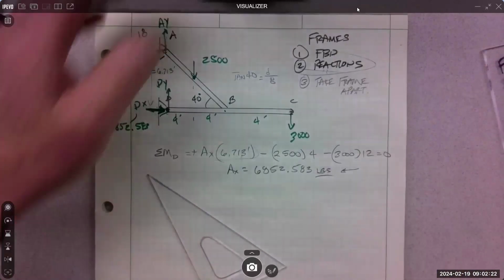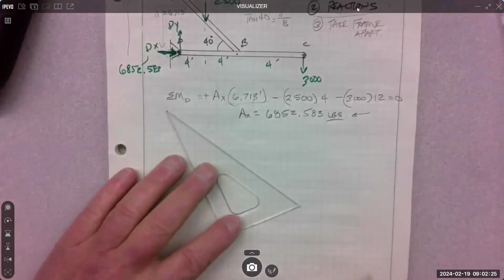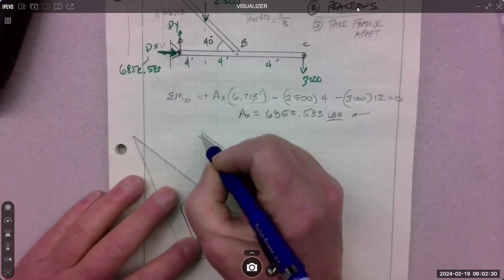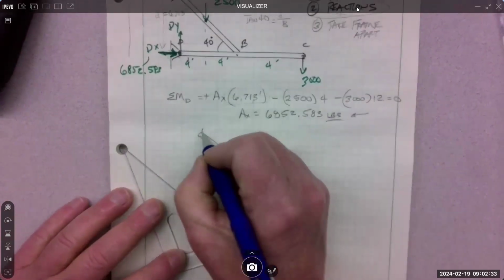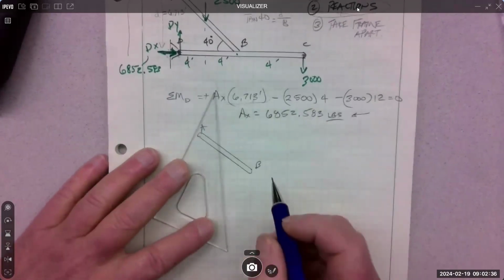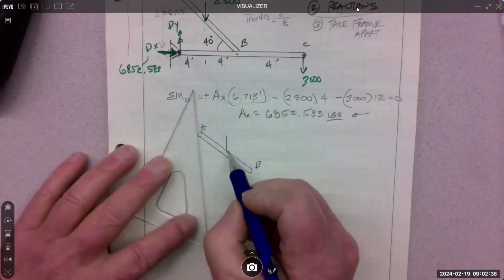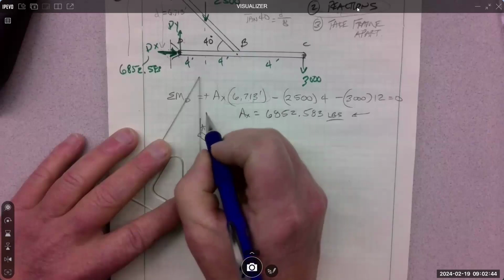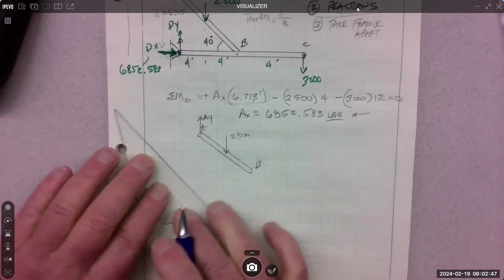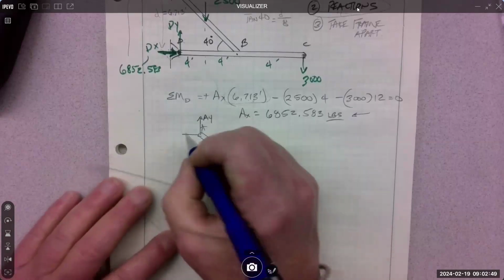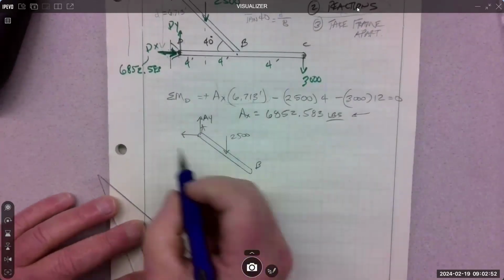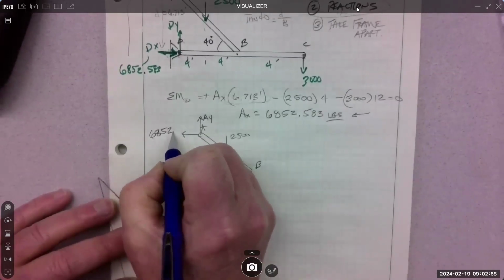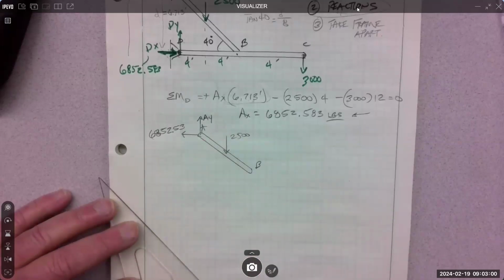When you take it apart, I'm going to draw both down here. You want to keep members in their angular position. So here is AB, and its loads, as I know them: 2,500 and an unknown AY and a known AX, 6852.53.